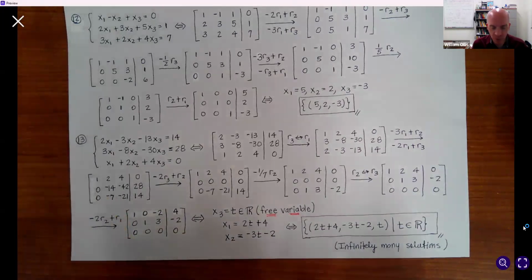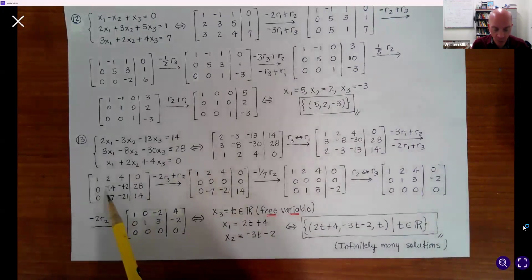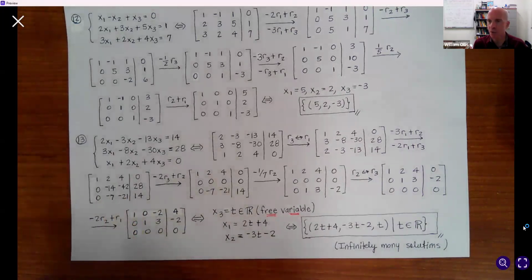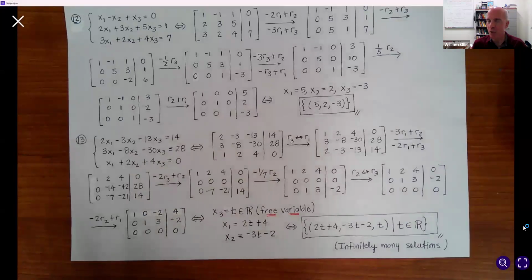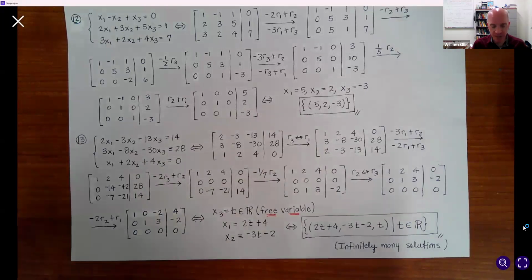Now, one thing you'll notice, which is exactly like the other problem, is we've got a -14 here, and we're thinking, okay, the -14 and the -7 are very nice numbers when we want to create a zero. You're thinking, I could go ahead and get a leading 1, but if you think about it, you can create a zero in a place that would be very simple.